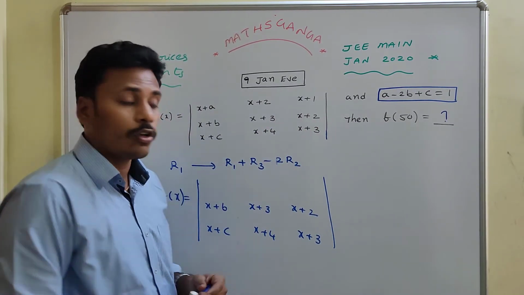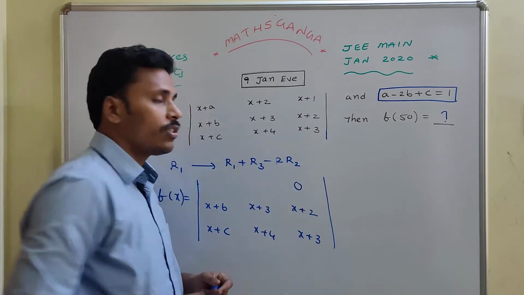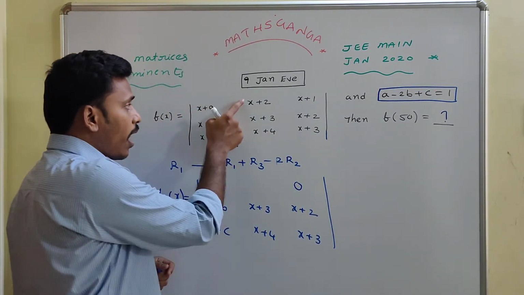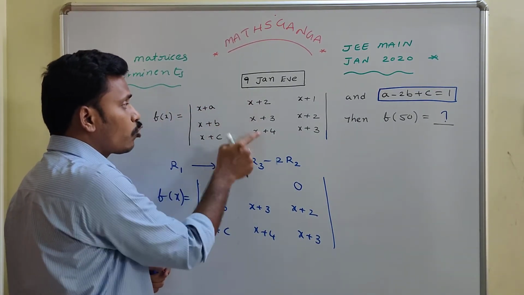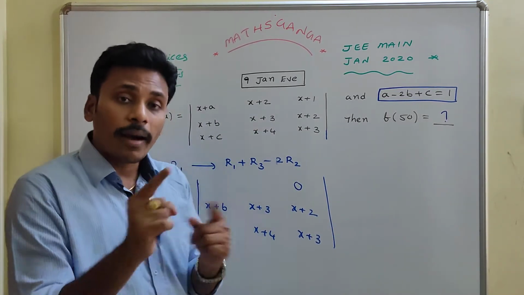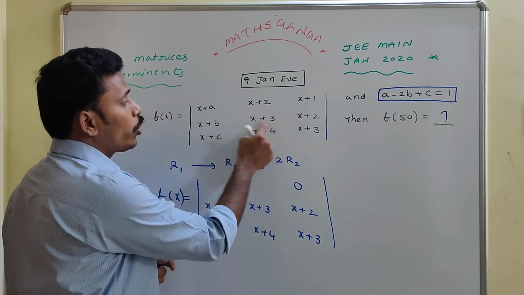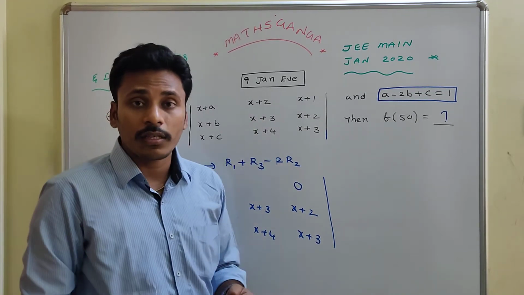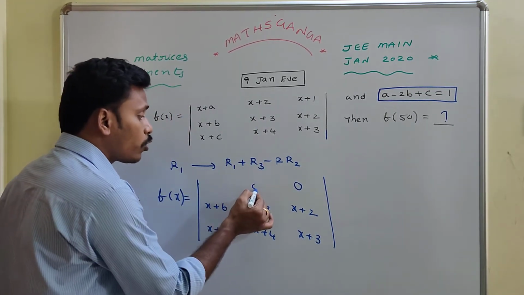Again it is 2x plus 4. So its value is 0. Is it clear? And now coming to this, R1 plus R3, x plus 2, x plus 4. If you add, 2x plus 6 minus 2 into the second row, 2 into x plus 3, that is also 2x plus 6. So that means this element is also 0.